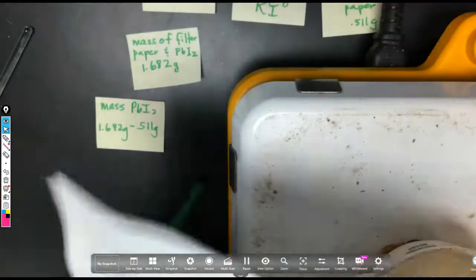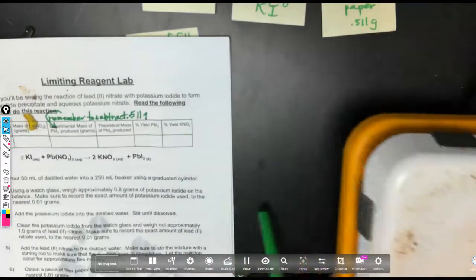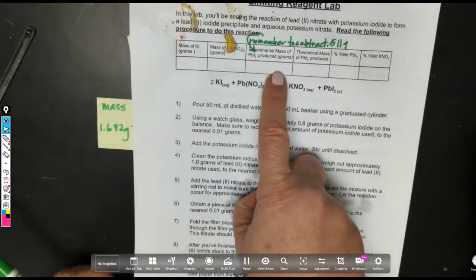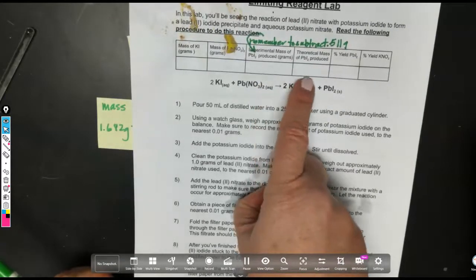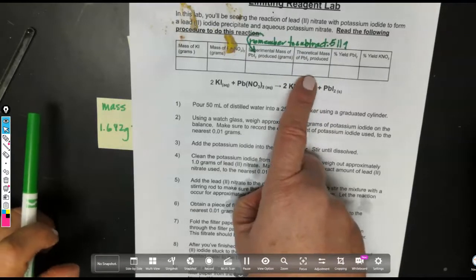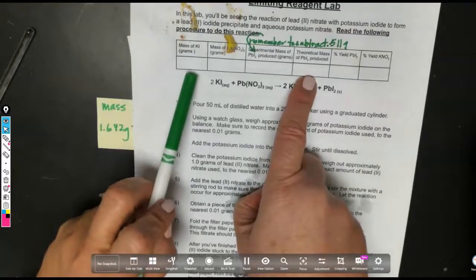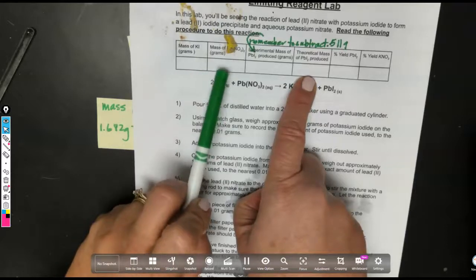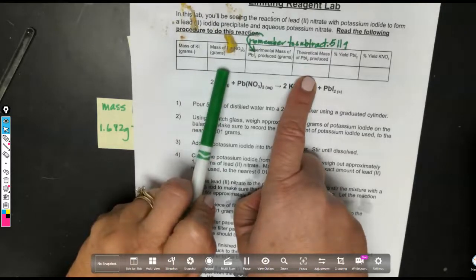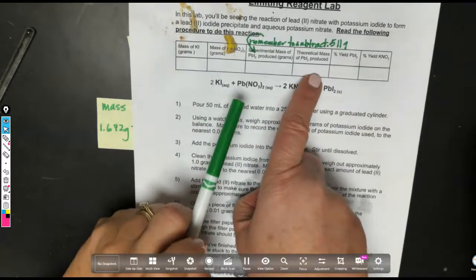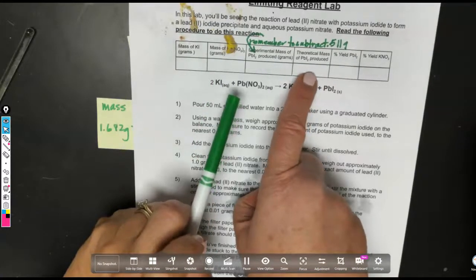So when we are talking about your data table, we literally are talking about the data table right here, after you remember to subtract the 0.511. Now, this value right here is going to need to be calculated by you, starting with the mass of the KI as one of your reactants, and then starting again with the mass of the Pb(NO3)2 to determine what the theoretical mass of the PbI2 could be that was produced.